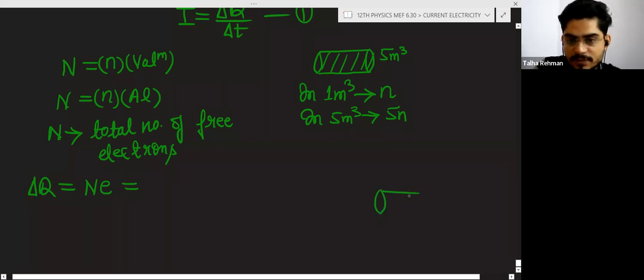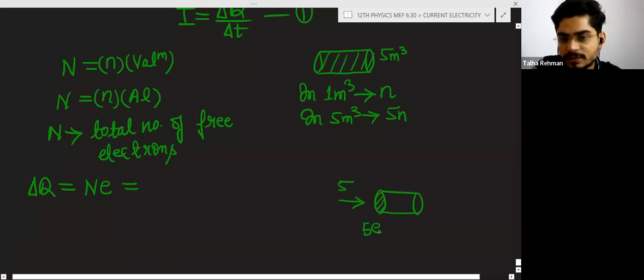As you can imagine, from this cross section if five electrons are passing, how much amount of charge is passing? 5e charge.